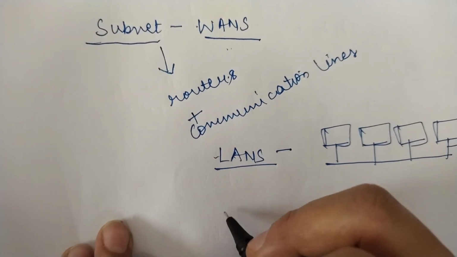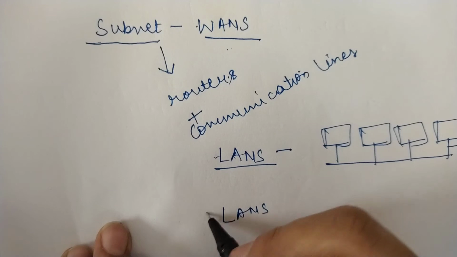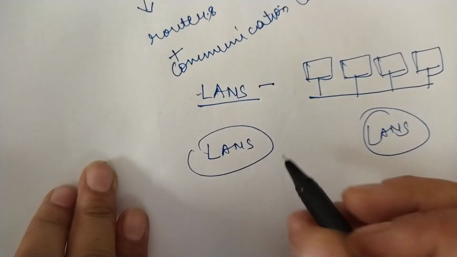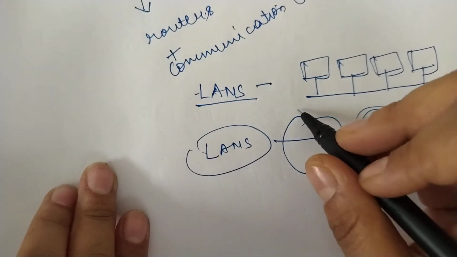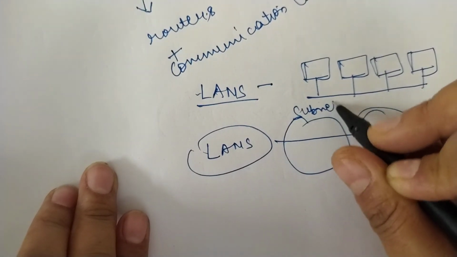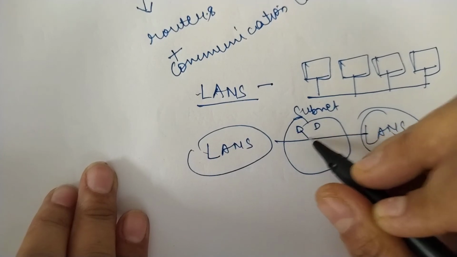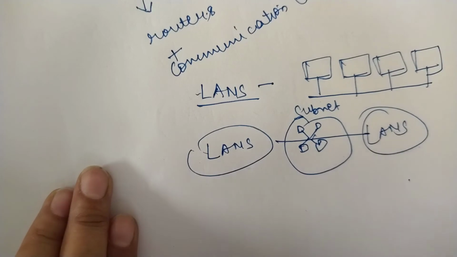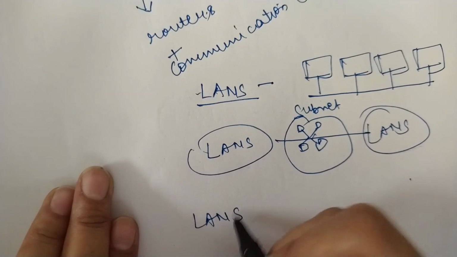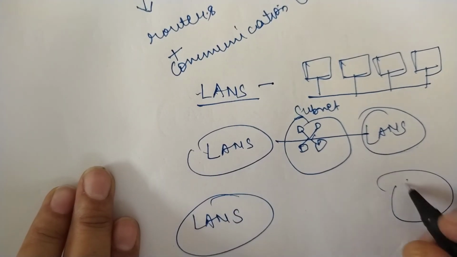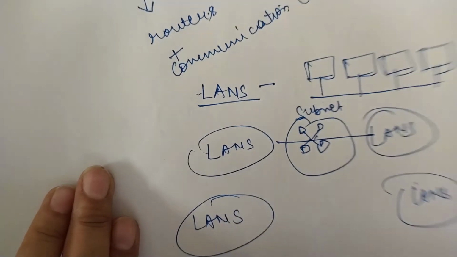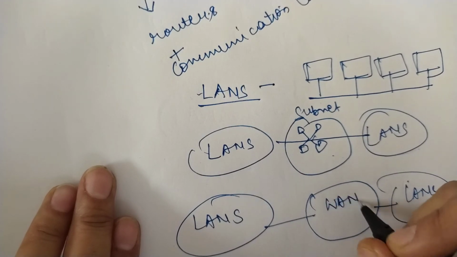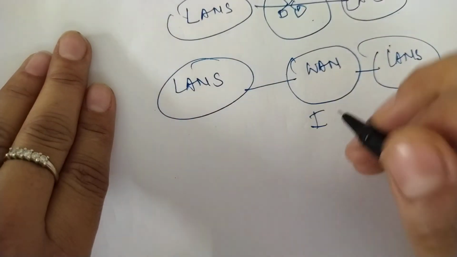You can connect different LANs using a subnet, and this subnet would consist of routers and the transmission lines. So this is a normal network. But when LANs are connected using a WAN and not a subnet, remember here I am replacing the subnet with a WAN, then it is called an internet.